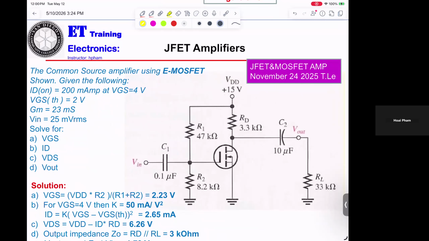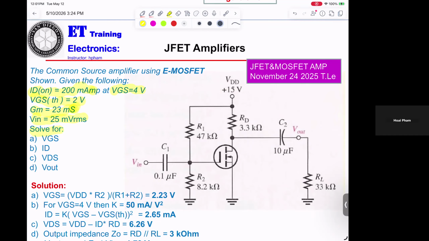And that one, the common source amplifier using a MOSFET given the following: ID on 200 milliamp at VGS 4 volt, VGS threshold 2 volt, GM 23 millisiemens, and Vin equal 25 millivolt RMS.